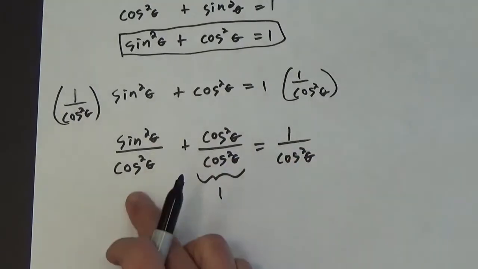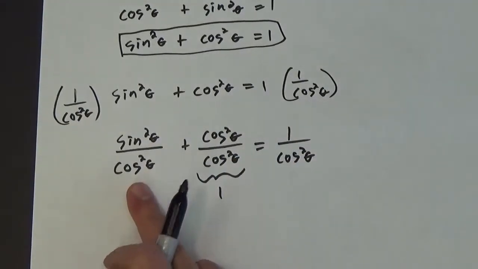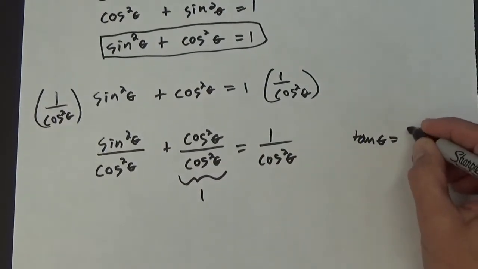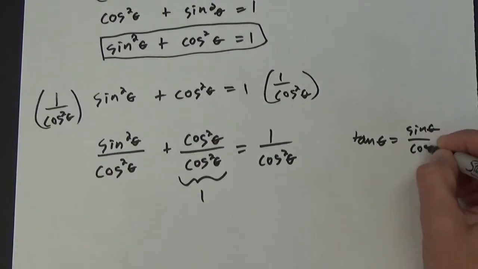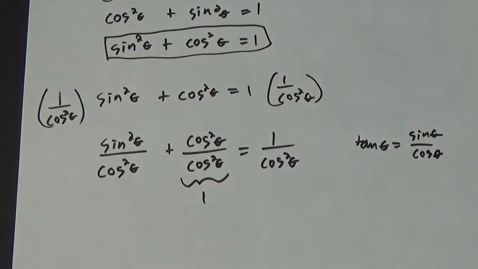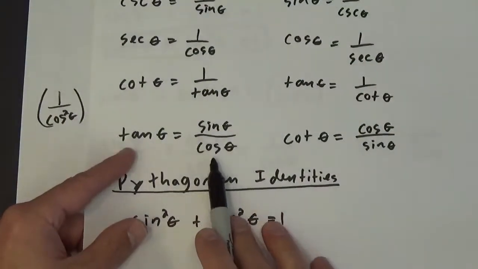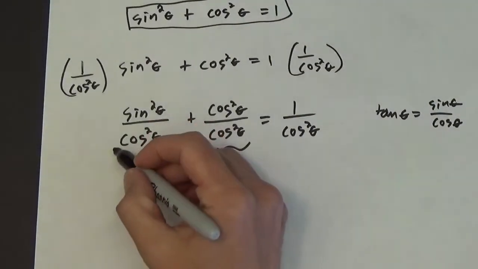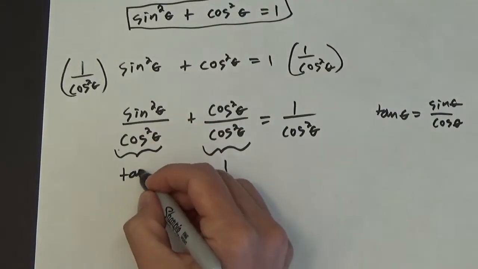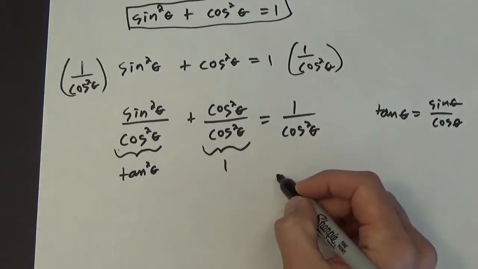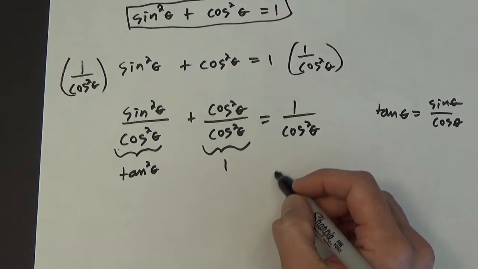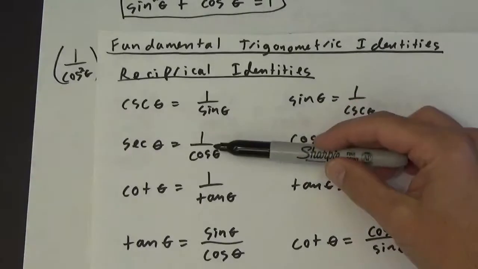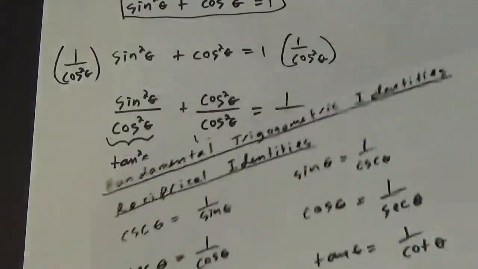But now we have to look at these two. Remember, the tangent of theta is the sine of theta over the cosine of theta. If we go back to our fundamental identities, sine over cosine is tangent. So we can replace sine squared over cosine squared with the tangent squared of theta. And then 1 over cosine, we should remember there's a fundamental identity about that: 1 over cosine is the secant.